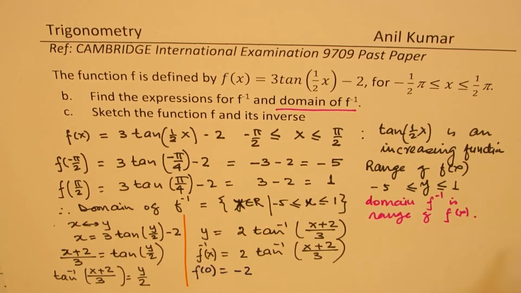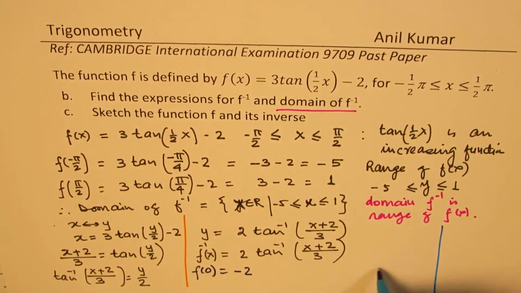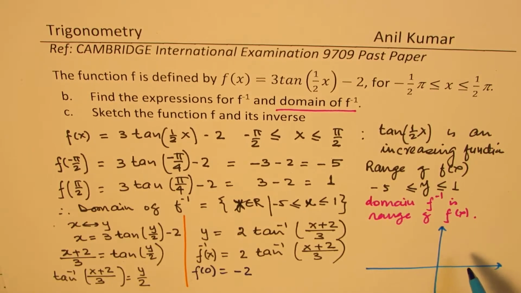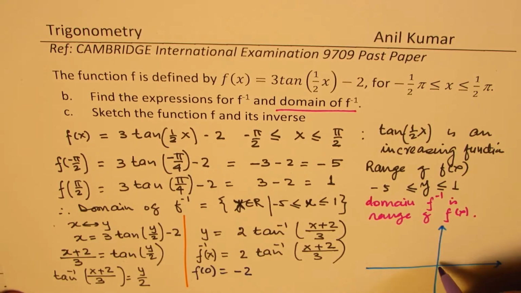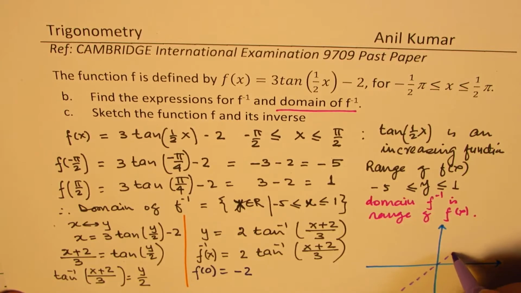So I'll just make a small sketch here to show you the sketch, but I'll prefer that you do it on a better graph paper, okay? So whenever we are trying to find the graph of the inverse, we could actually sketch the graph of the function, and then we could reflect it on the line y equals x.